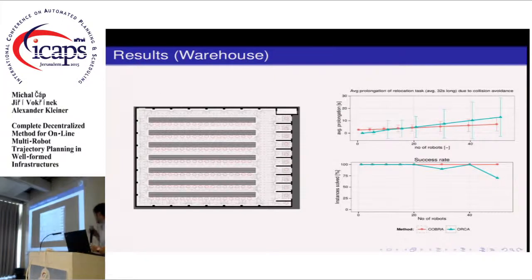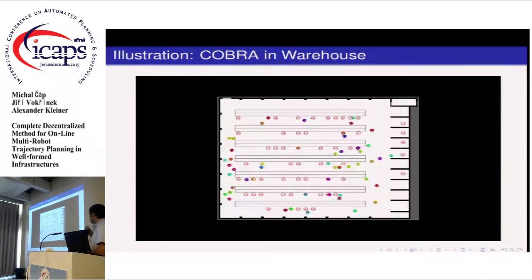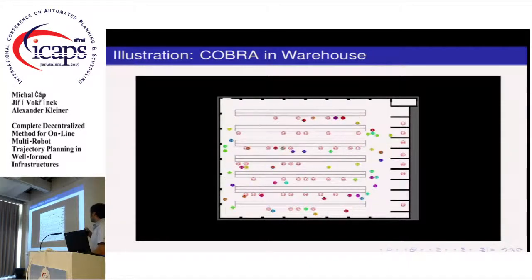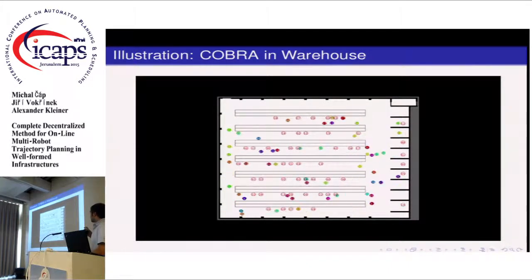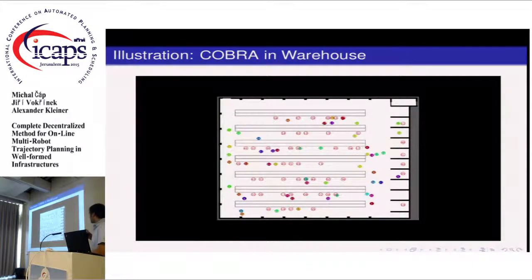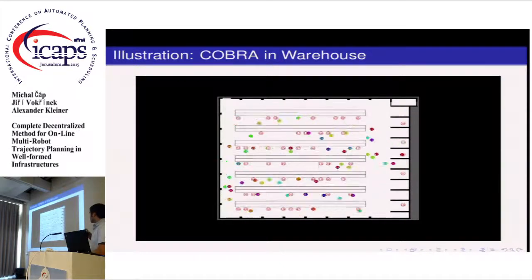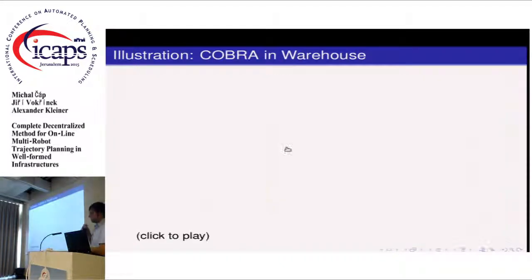Again, here is another video showing how it looks in a warehouse environment, just to give you a feeling of what it does. Yeah, and this can go on like this forever. I just chose a few seconds of the video as a short illustration.